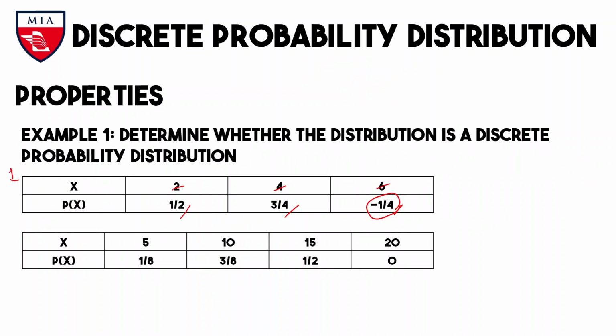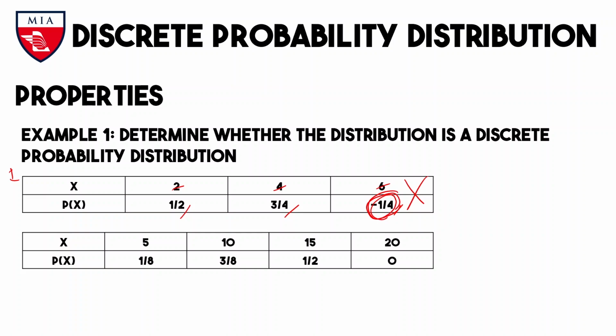So since we have a negative value in class 6, automatically this table is not a discrete probability distribution.